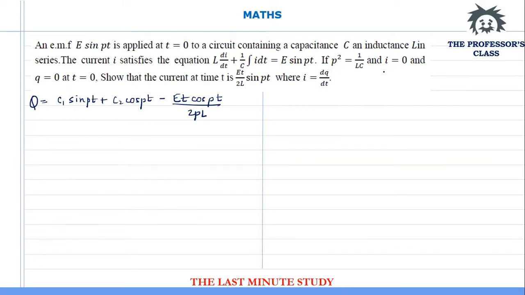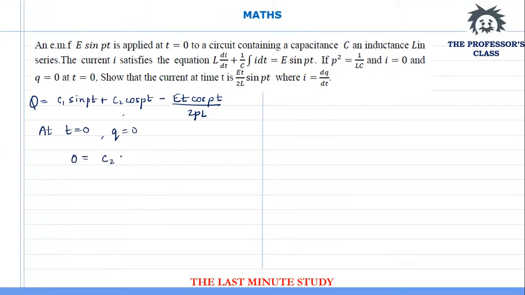So the first thing that has been given is, at T equals 0, Q is equal to 0. So I'll substitute this as 0. Cos 0 is 1, sin 0 is 0, so this term will become 0. So I'll get 0 equals C2 cos PT.